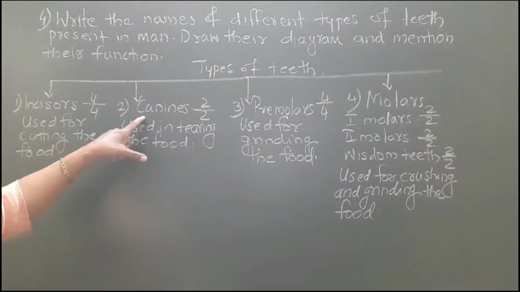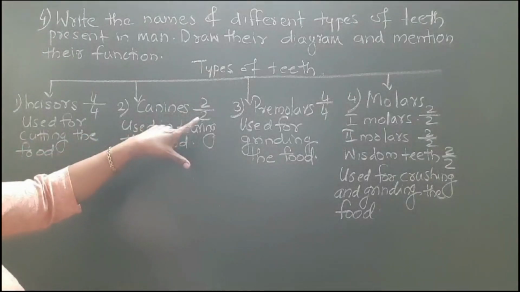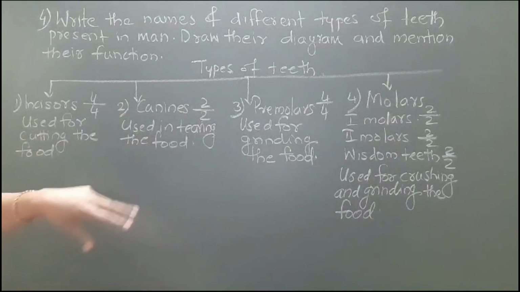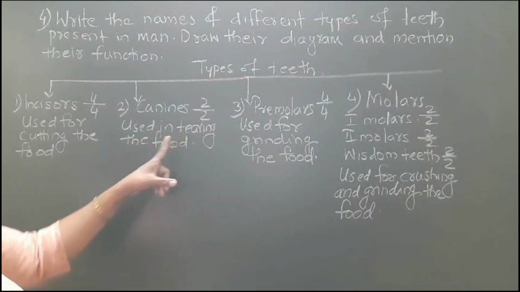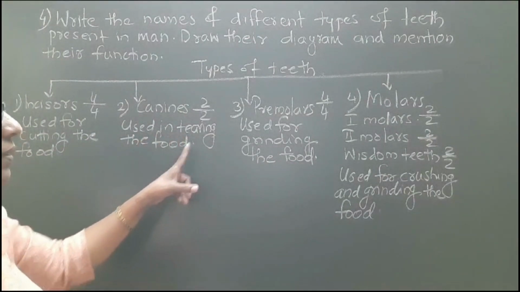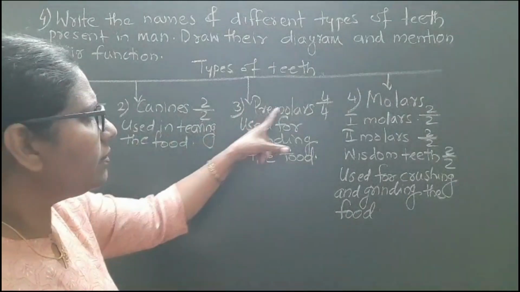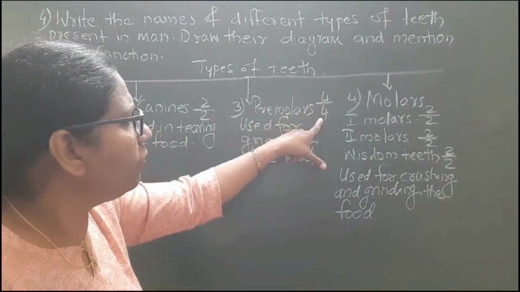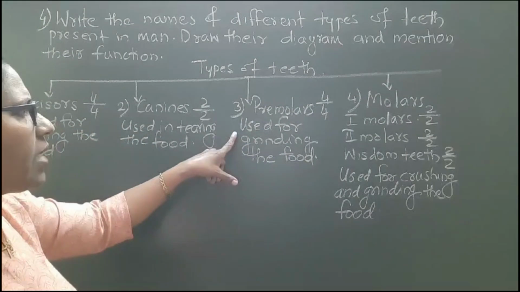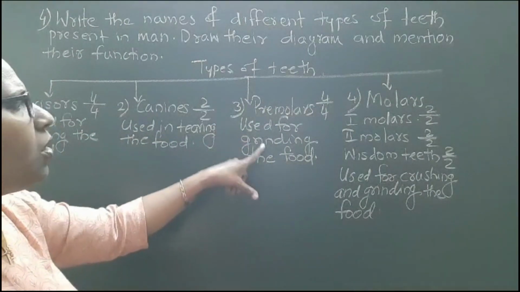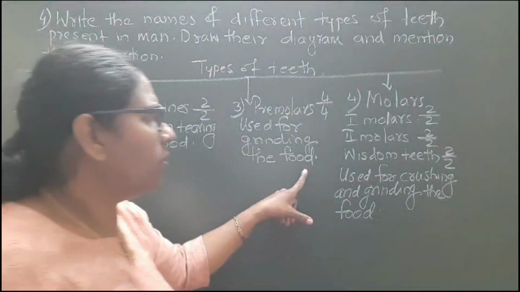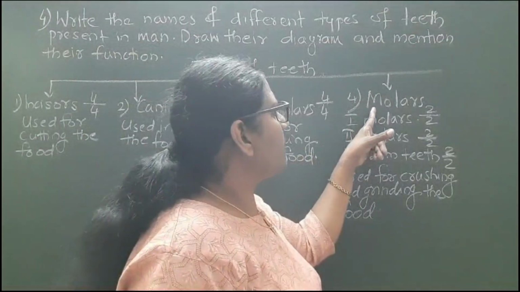Second one is canines. Canines there are 2 in the upper jaw and 2 in the lower jaw. It is used in tearing the food. Then 3 premolars. There are 4 in the upper jaw and 4 in the lower jaw. The function of premolars is used for grinding the food. Then molars.